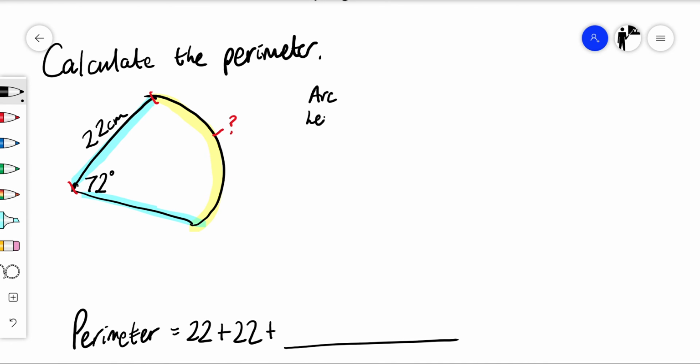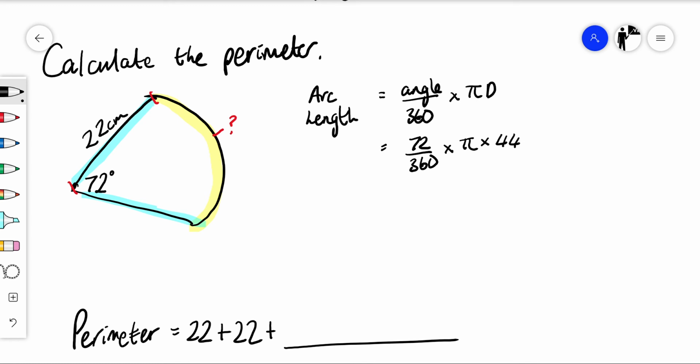Okay, so the arc length, we do our angle over 360 times pi d. So that's going to be 72 over 360 times pi times 44. That's going to be 27.6 centimetres to one decimal place.